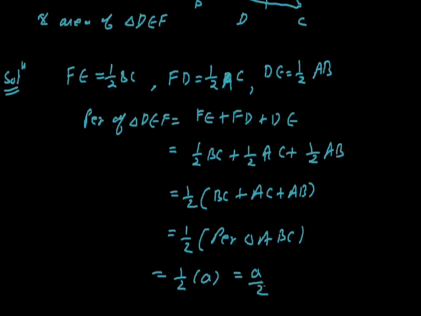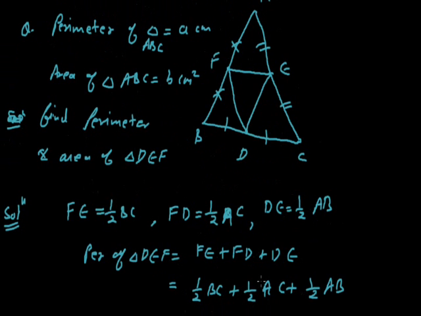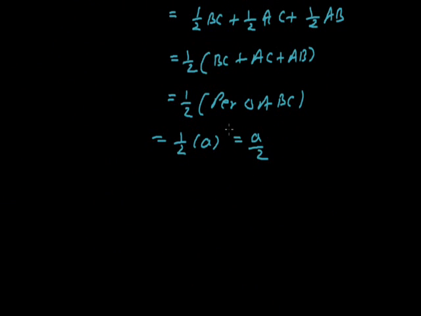Now we come to the area. What should be the area of triangle DEF? As we know that the line FE is parallel to BC and equal to half of it, and we already know that BD is also half of BC.